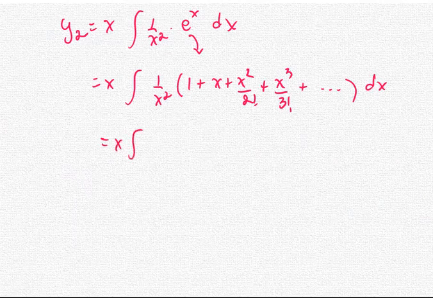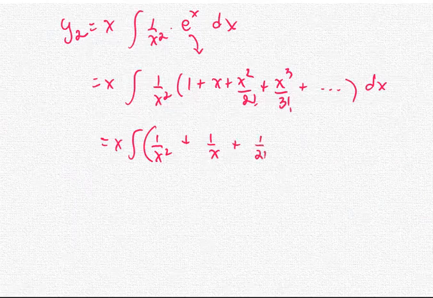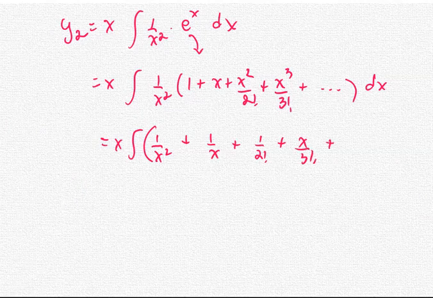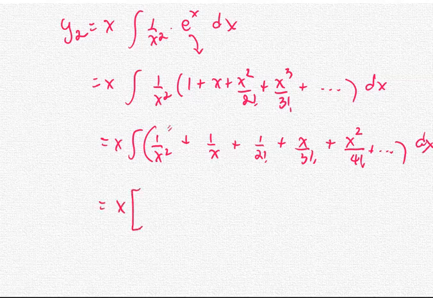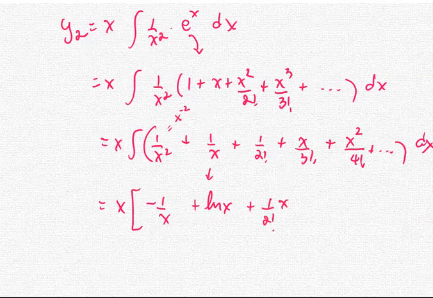So the first term here is 1 over x squared plus 1 over x plus 1 over 2 factorial plus x over 3 factorial plus maybe keep going, x squared over 4 factorial and so forth, with respect to x. Then from doing the antiderivative term by term, 1 over x squared is x to the negative second, so we have negative 1 over x as an antiderivative. 1 over x gives the natural log of x, and then the rest of them just follow the power rule of the antiderivative.